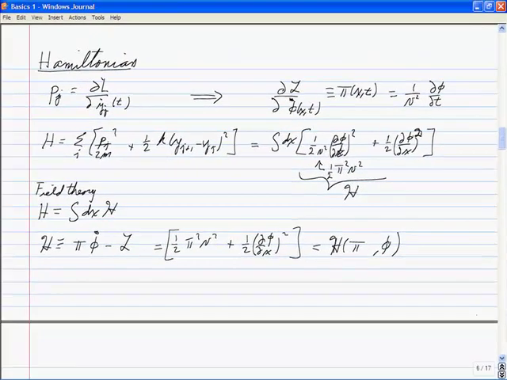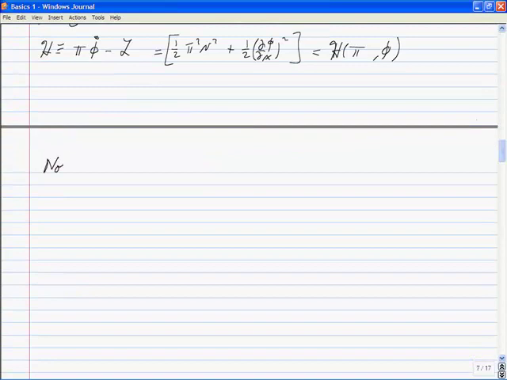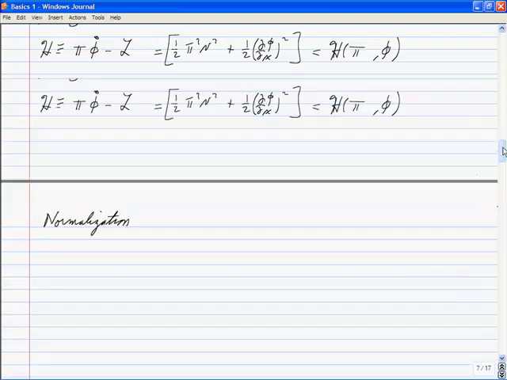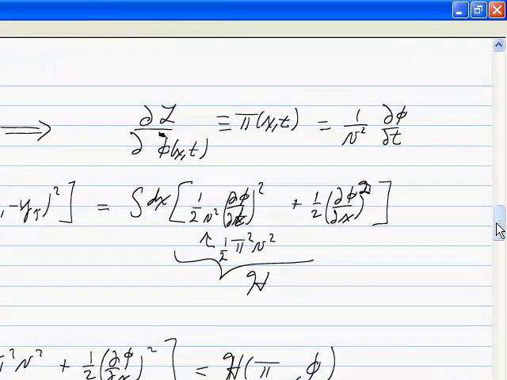Okay, one thing I need to do, let's see, I want to do a little bit of something on normalization here. The second line looks like it's a bit of an analogy. It's actually, you would derive it the same way. You go through the same steps showing that this is a conserved quantity.